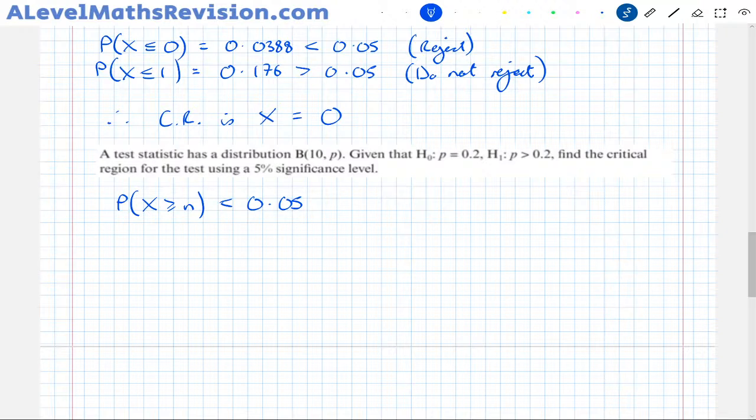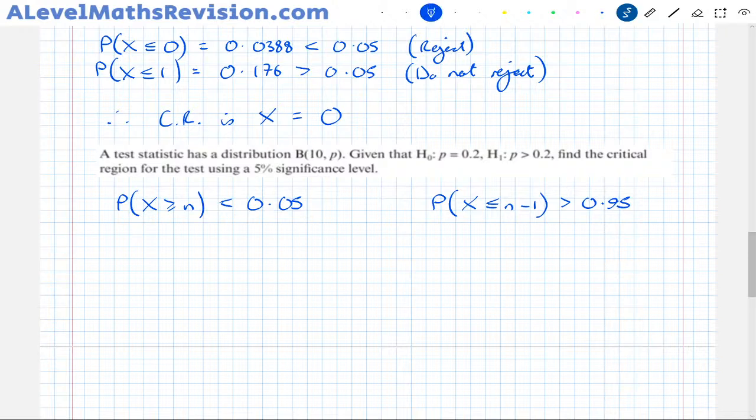So what we're actually looking for is the probability that x being less than or equal to n minus 1 is greater than 0.95. What I've done, I've changed that n to n minus 1, flipped the inequality, done 1 minus, and that inequality's changed as well.